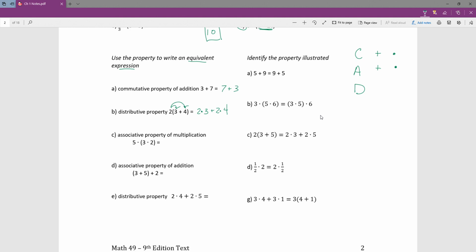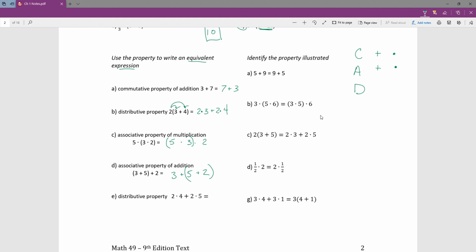This one says demonstrate the associative property of multiplication. And the associative property is who you group with or who you hang out with. So same numbers, but a different grouping. So we put brackets around the 5 and the 3. The associative property of addition, again, same numbers, but grouped together differently. So the 5 and the 2 would have brackets around them. E is one that looks a little bit wacky.